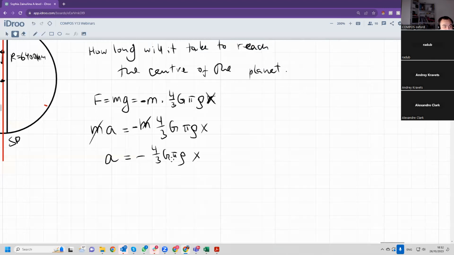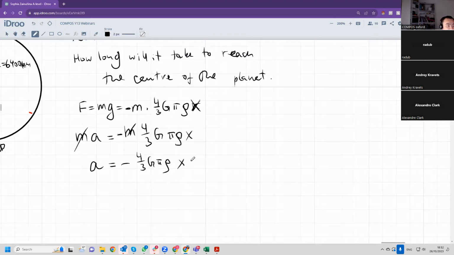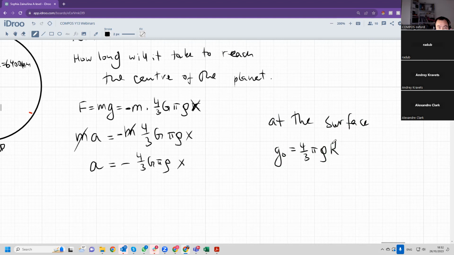Now, at the surface of the Earth, g0 is equal to 4/3 G pi rho R, where R is the radius of the Earth.